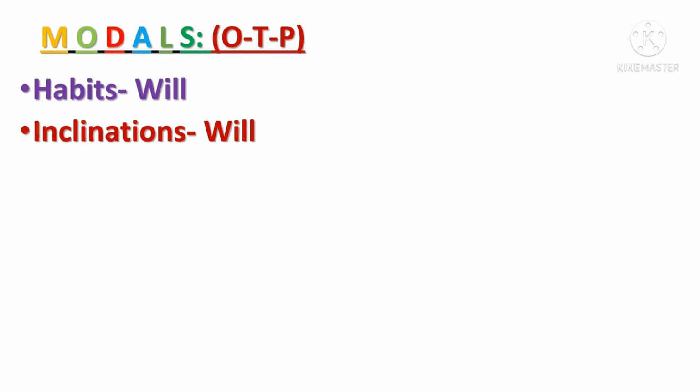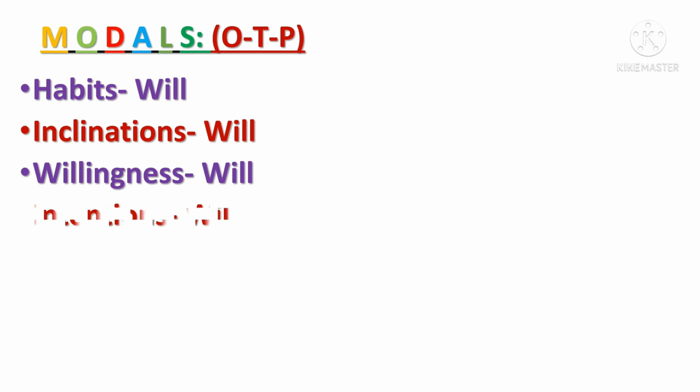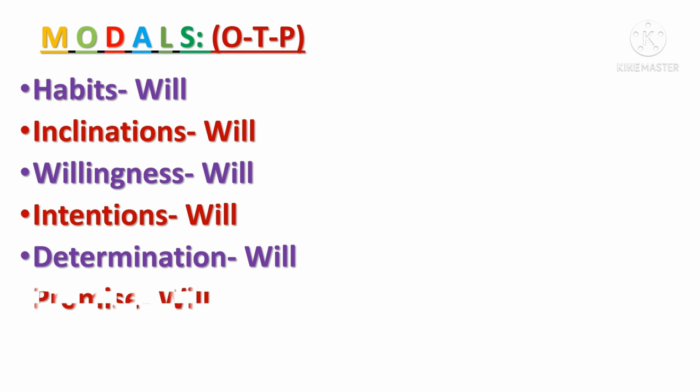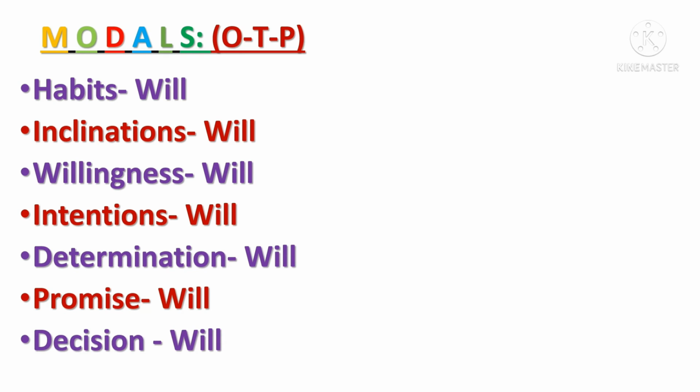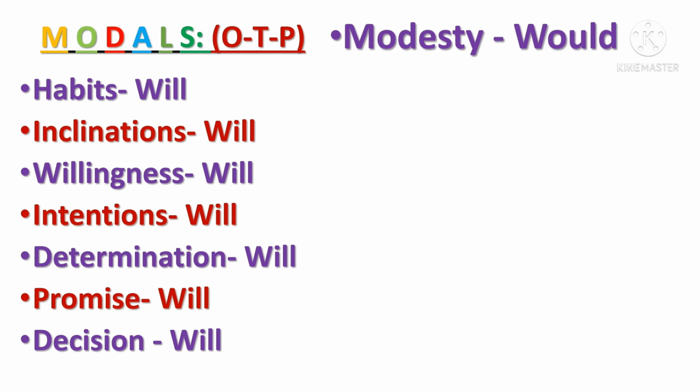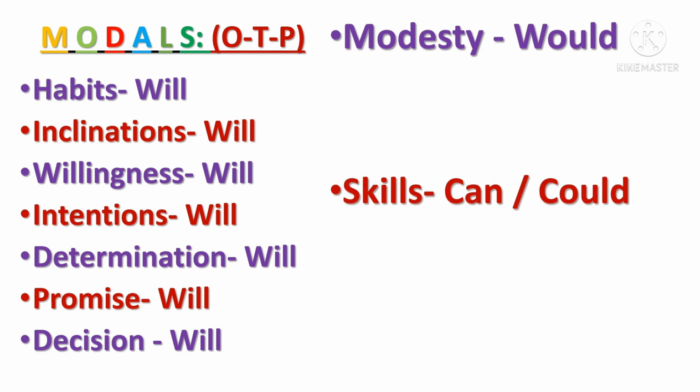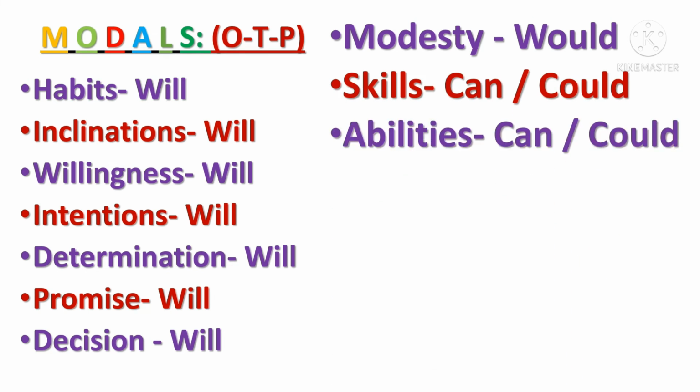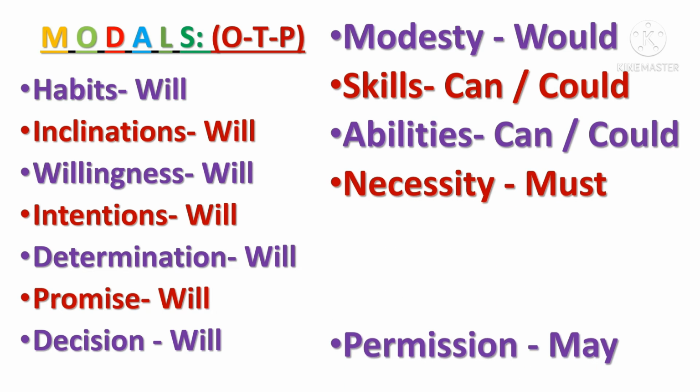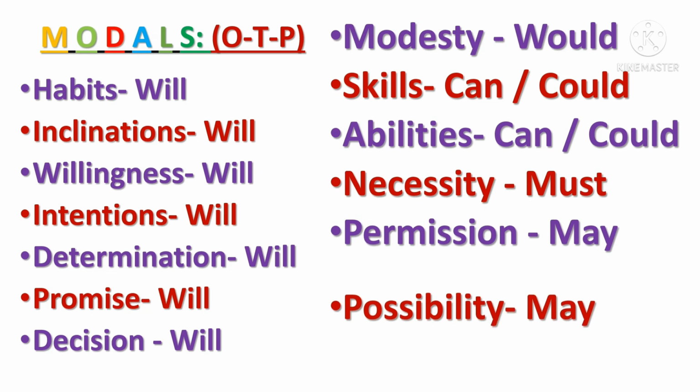For habits, we use will. Inclinations, willingness, intentions, determination, promise, decision, for all these reasons, we use will. For modesty, we use would. Skills, can or could. Abilities, can or could. Necessities, must. Permission, may.